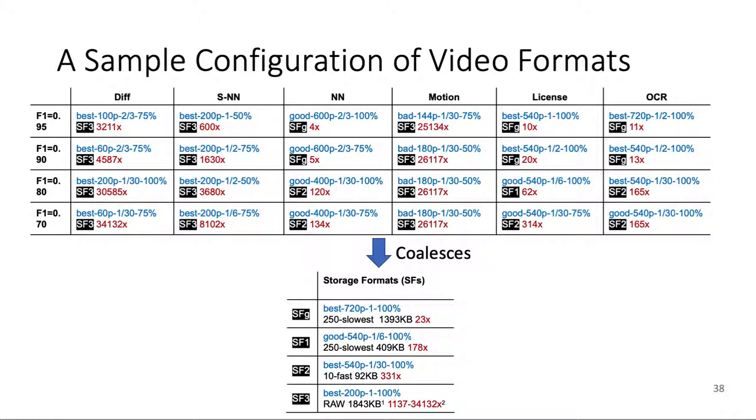But fortunately, because the video fidelity is very cheap, it won't incur too much storage cost. If we compare to the neural network, it runs very slowly, and it needs very high resolution to get the satisfiable accuracy that is defined by the user.